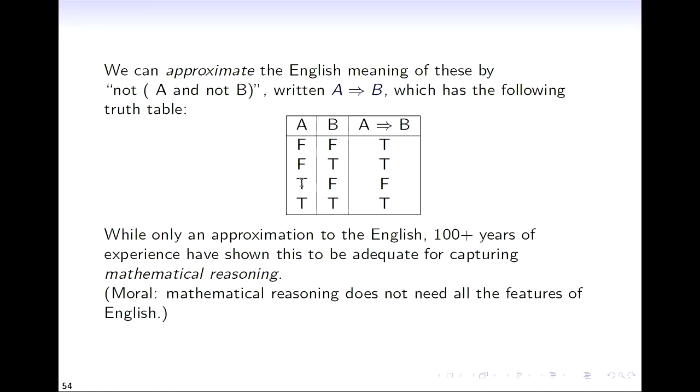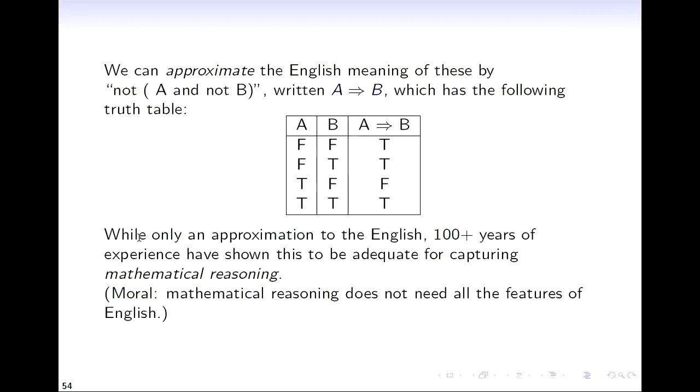If A is true and B is false, then you don't have that whenever A is true, B is true. But in all other cases, A implies B is true, because A implies B is the same as not A or B. If you don't see this immediately, it might be very helpful to draw the truth table for this compound statement to the right here, and you will see it has exactly these entries, TTFT.